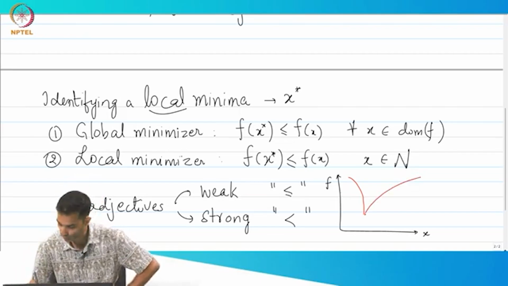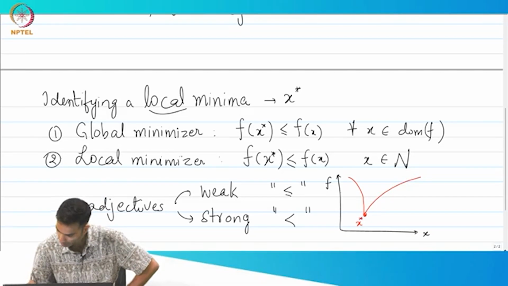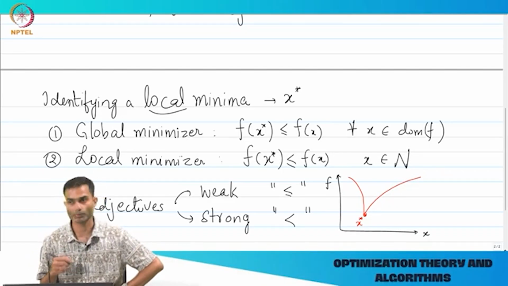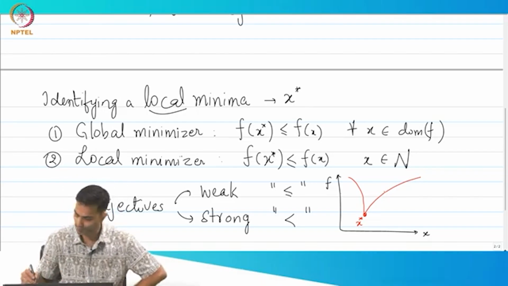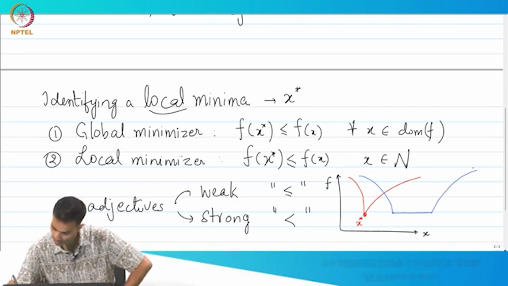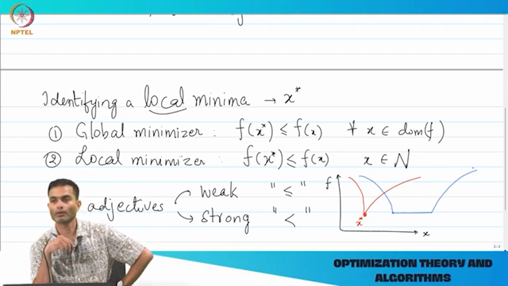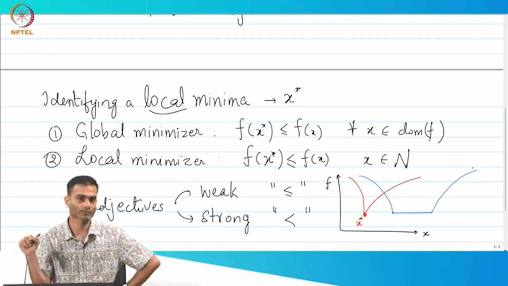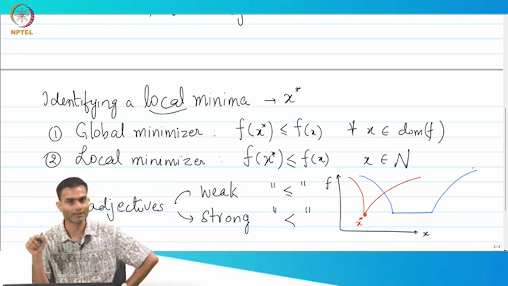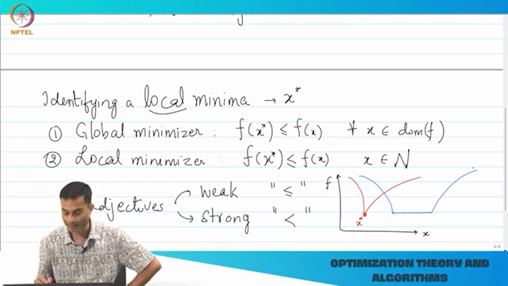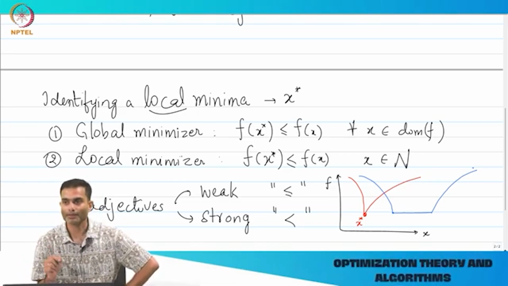Now this point over here, x star, is clearly a strong minimizer. It's a strong global minimizer. I could also have something like this where it comes over here, right? Now all points on the same line are minimizers. So they are weak minimizers because that equality is being satisfied. So this less than equal to or less than can make a difference.